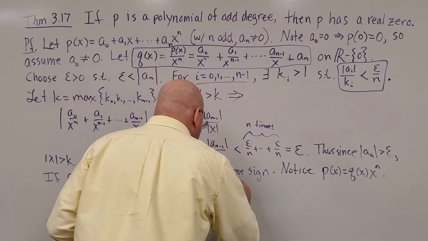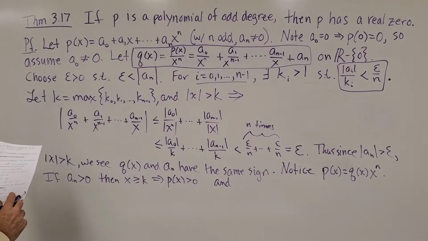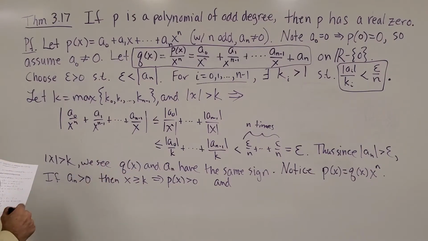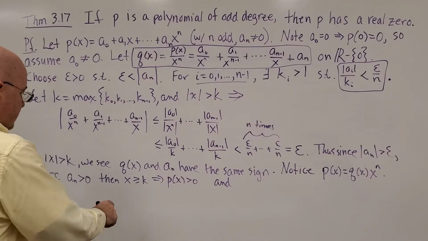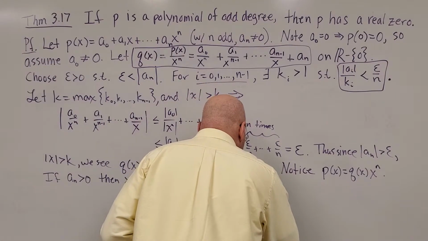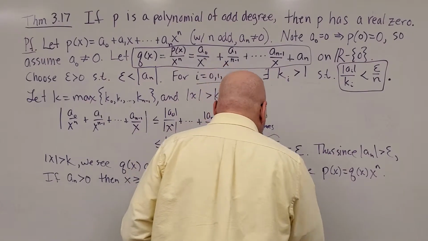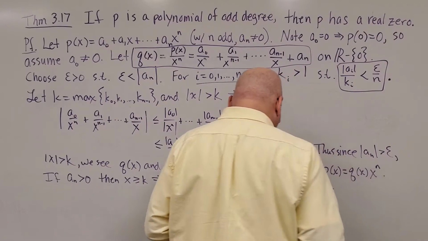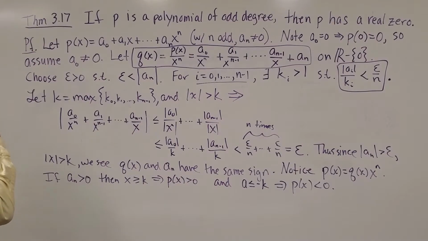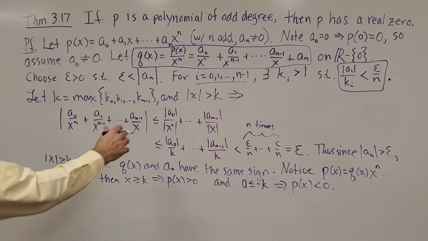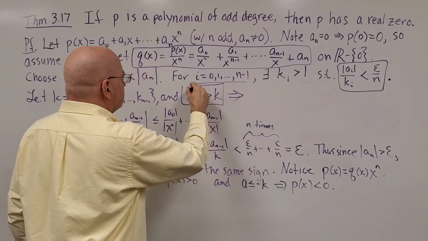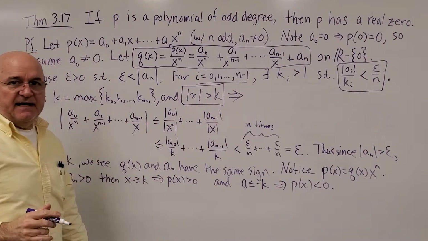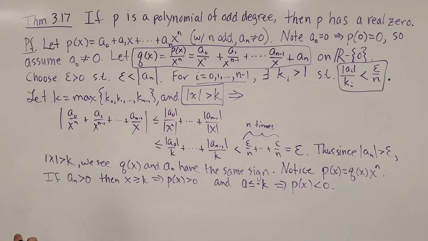I'm going to put it all in one line because I'm running out of room. x greater than or equal to k implies P of x is greater than 0. Alternately, x could be less than negative k. And that implies that P of x is less than 0. That's just using the definition of the absolute value. If this is true, it means that x is bigger than k, or x is less than negative k. That's just the definition of an absolute value inequality.